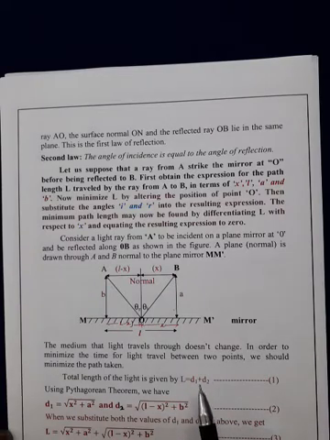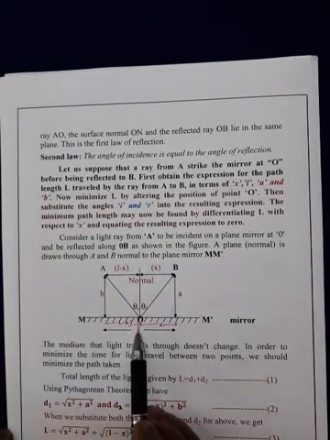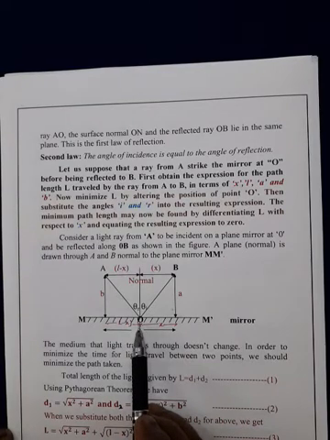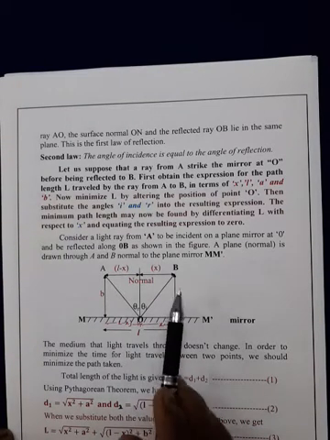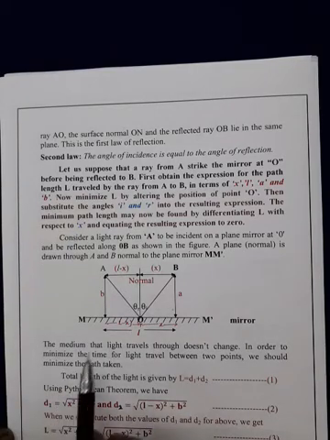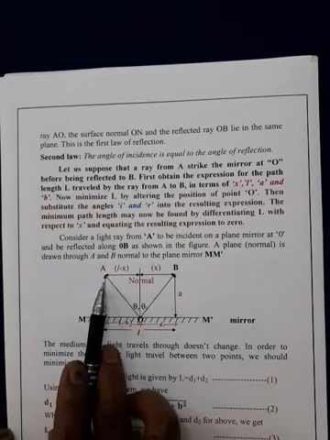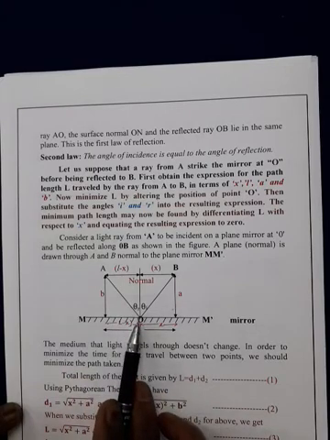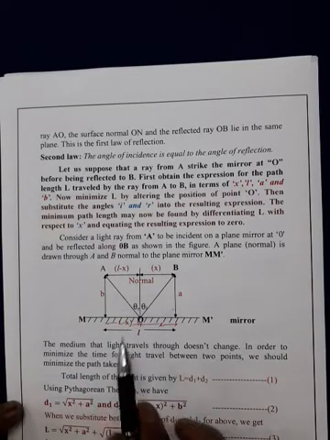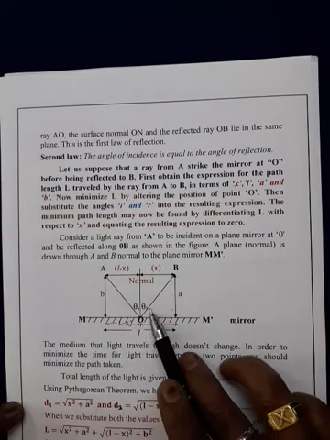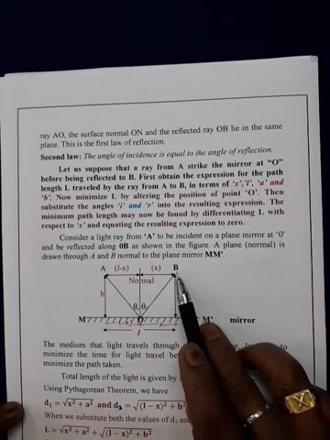Now let us suppose that a ray of light strikes the mirror at O before being reflected to B. This is the ray of light from A, striking the mirror at O and getting reflected back to point B. First obtain the expression for the path length L.